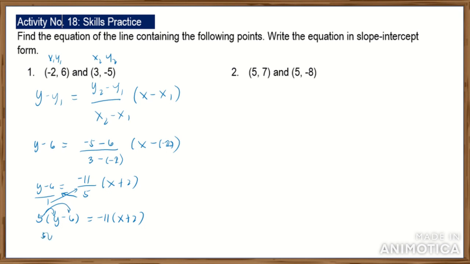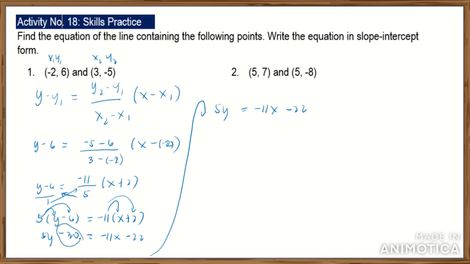You have 5y minus 30 is equal to negative 11x minus 22. We are going to write it in the slope-intercept form. So we are going to isolate 5y. So we have 5y is equal to negative 11x minus 22.